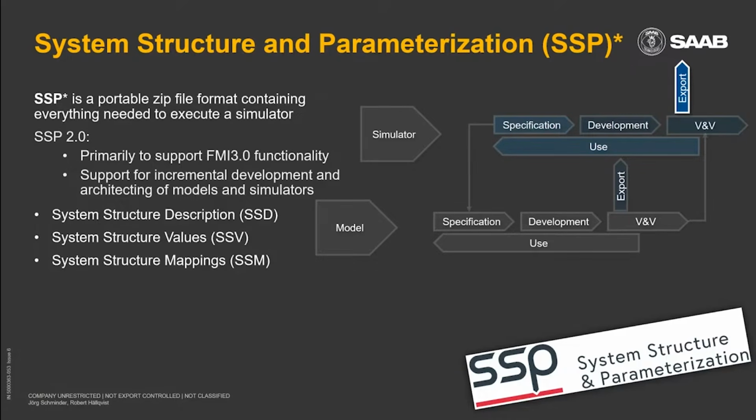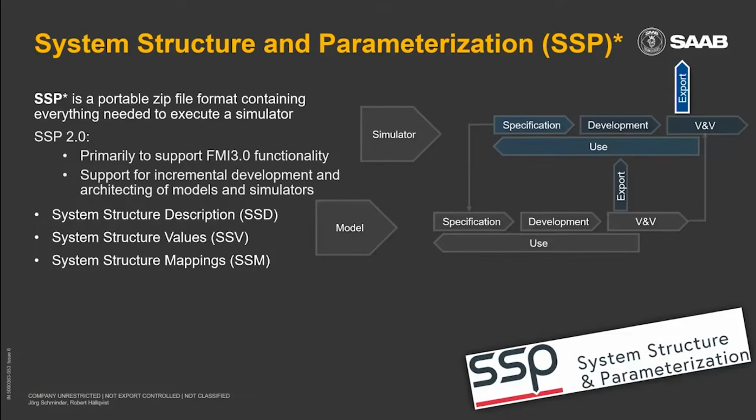So in SSP, we use three of the primary artifacts that SSP specifies. We use the system structure description file format, which captures simulation architecture, how one model is connected causally to another model.